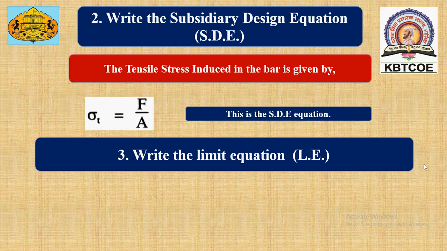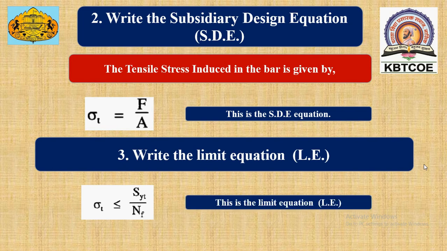Then write down the limit equation, that is LE. Sigma T is less than or equal to SYT upon factor of safety. This relation is called the limit equation.